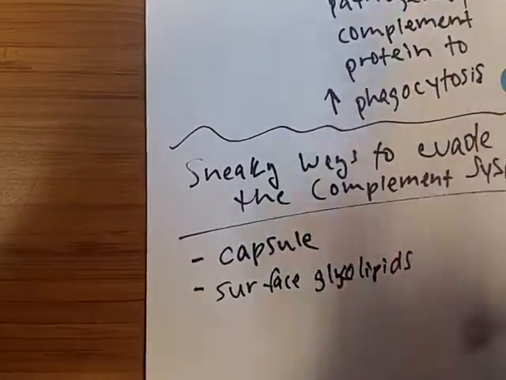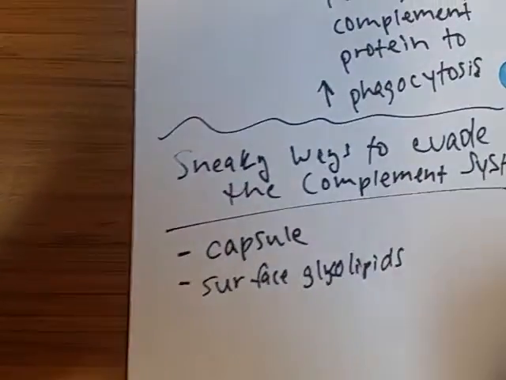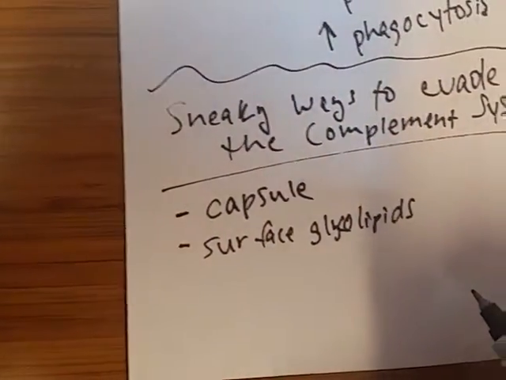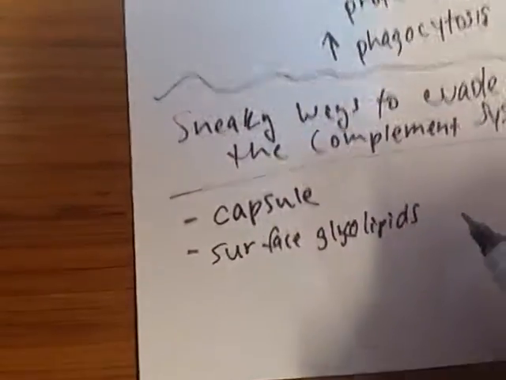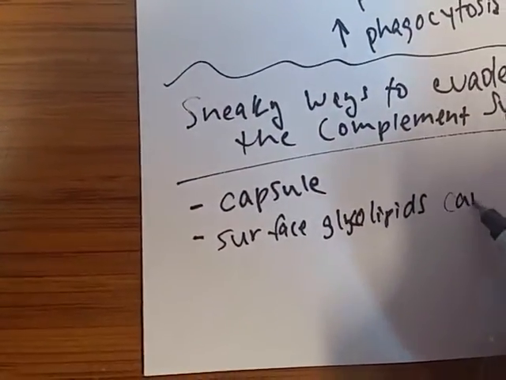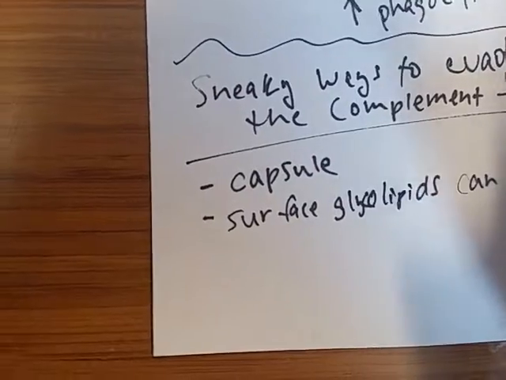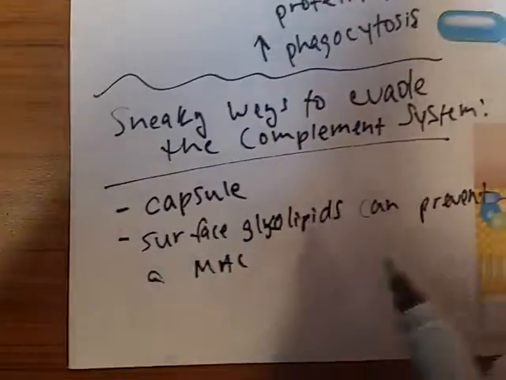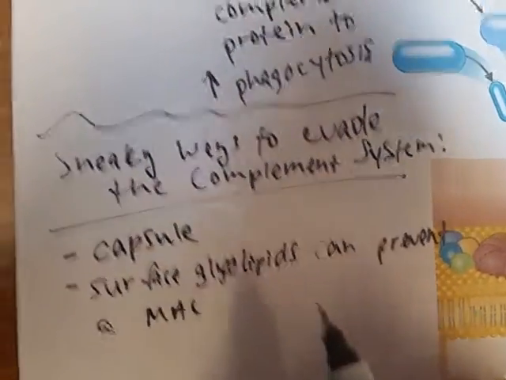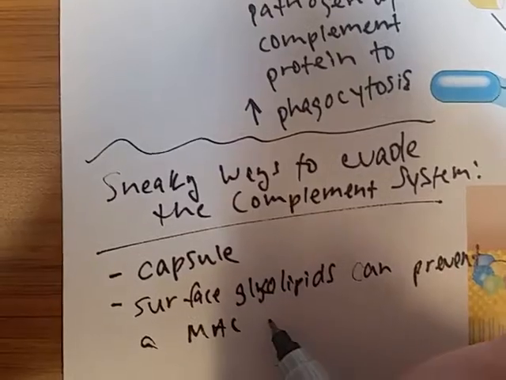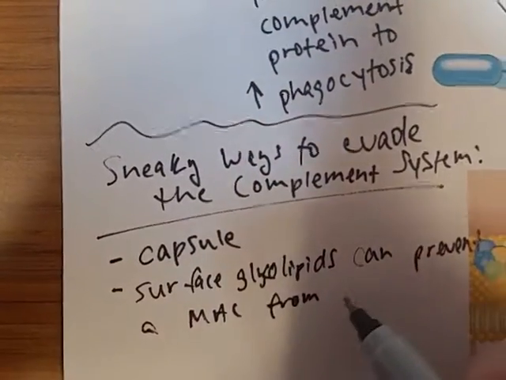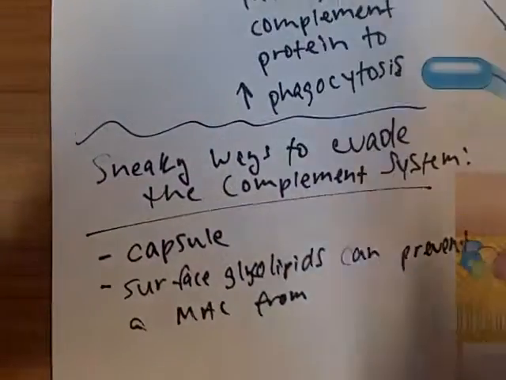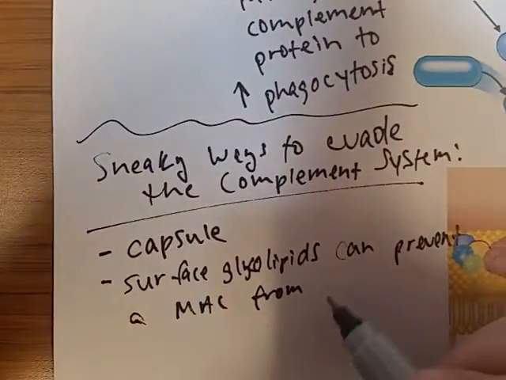Some bacteria that have these surface glycolipids on their membrane are actually going to be able to prevent a MAC, that membrane attack complex that we saw over here, from forming. So if you have surface glycolipids, some of these can prevent that MAC from forming, so they can escape being burst open by that membrane attack complex.